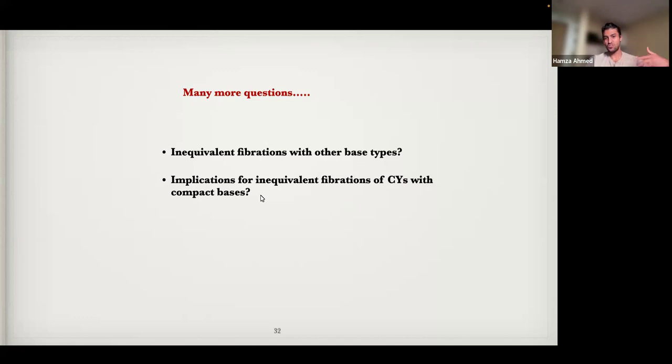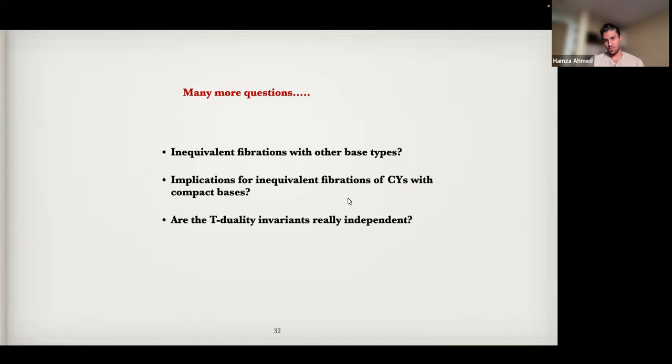And so it would be interesting to see if all the fibrations of the non-compact case go into the fibrations of the compact case. That would tell you a statement about the relation between T-dualities of supergravity theories and T-dualities of little string theories.